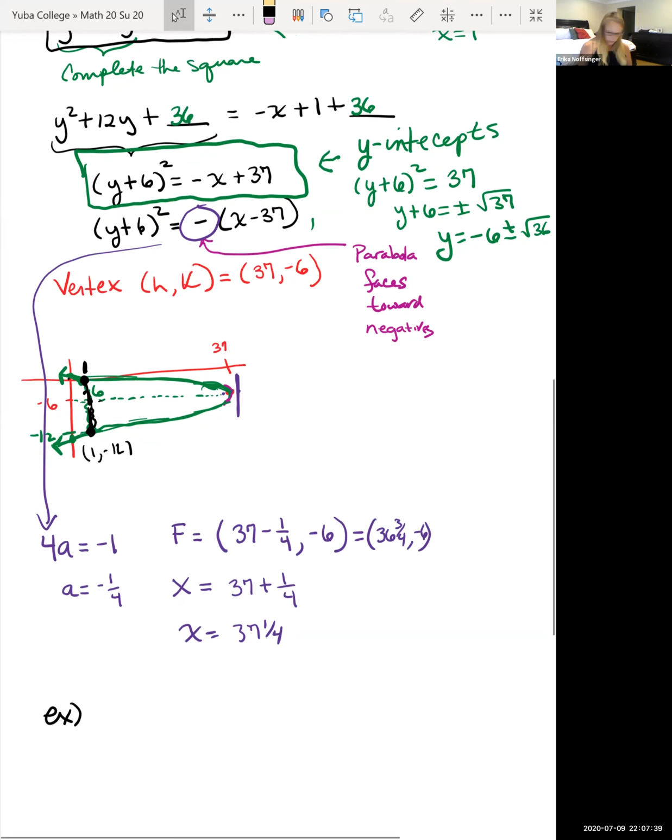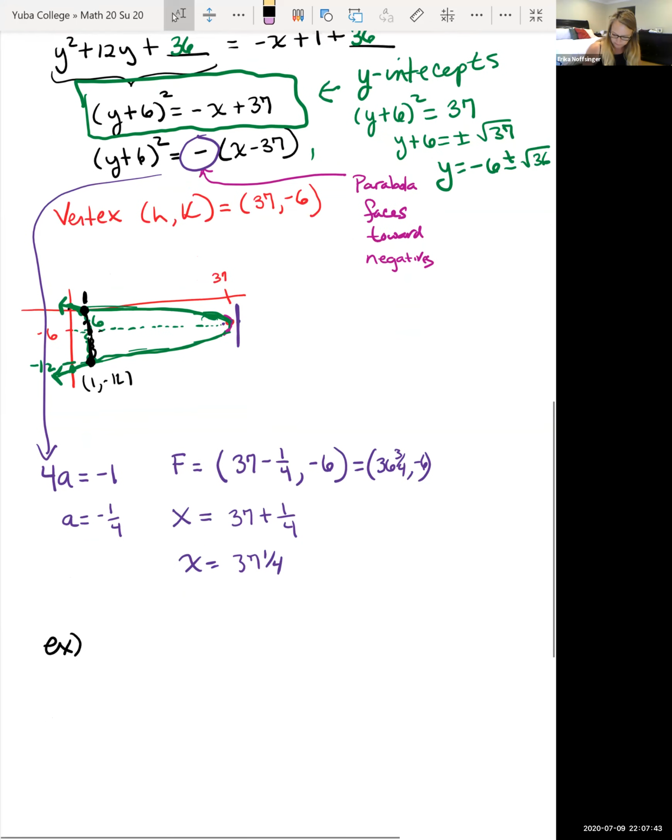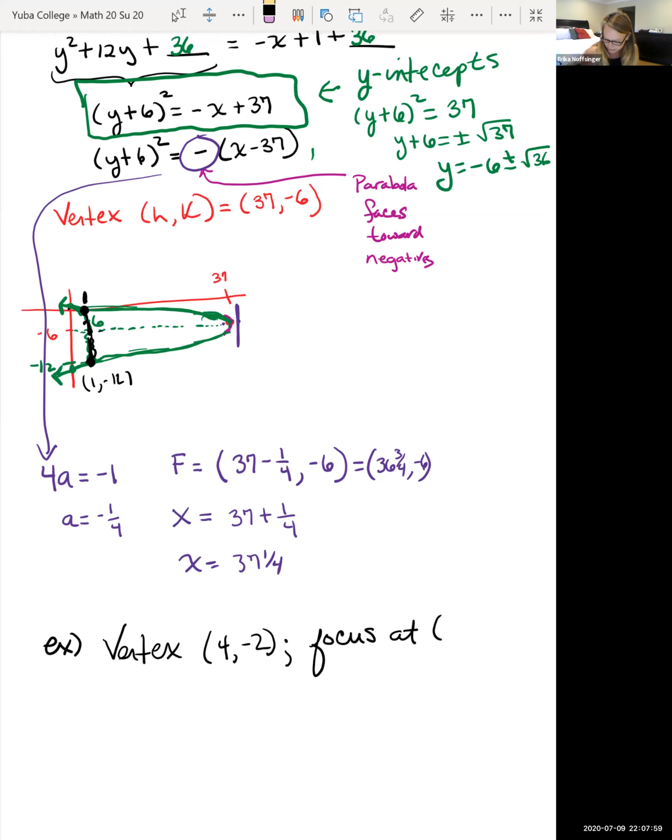Okay, so we're given that the vertex of the parabola is (4, -2), and your focus is at (6, -2). Find the equation of the parabola.